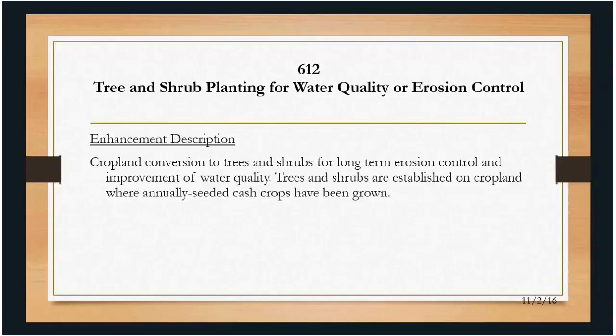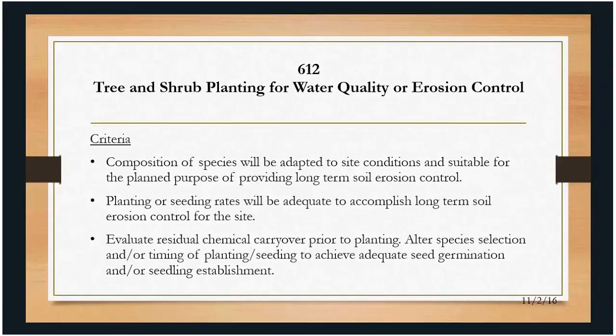The enhancement description of these 3 is cropland conversion to trees and shrubs for long-term erosion control and improvement of water quality. Trees and shrubs are established on cropland where annually seeded cash crops have been grown.